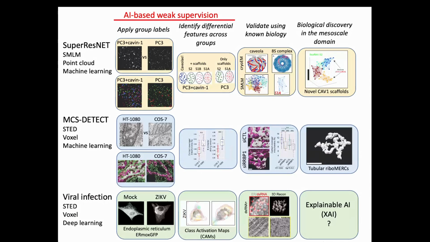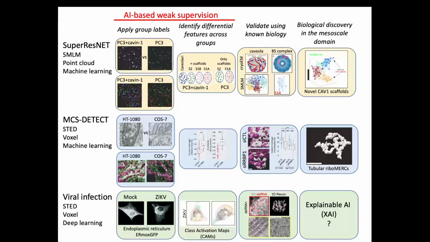And so I'll talk to you today about three different biological examples that we've developed in which we've applied weak supervision. The first one is based on a software package called SuperResNet, which is applied to single molecule localization microscopy. And essentially what we did there is we really wanted to identify non-caveolar structures called scaffolds.